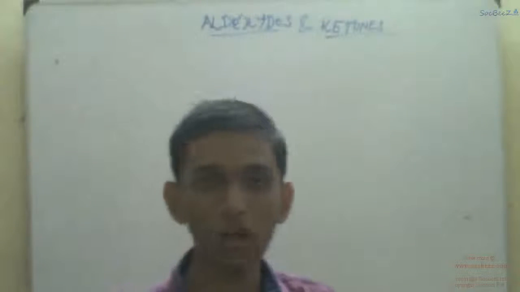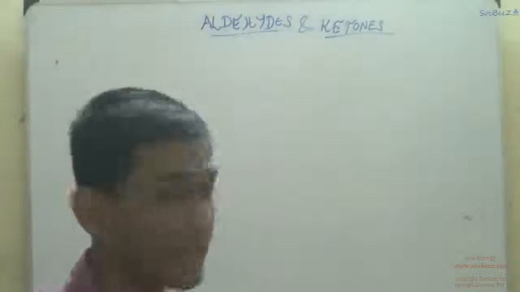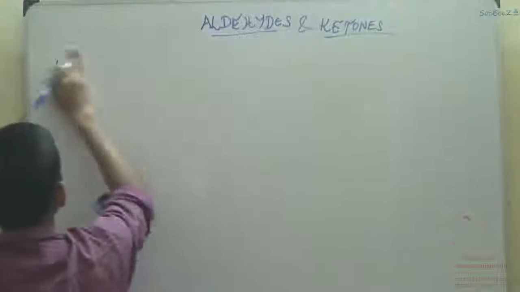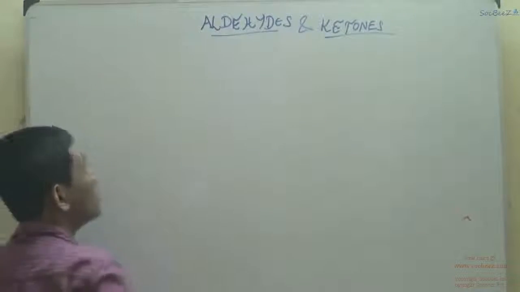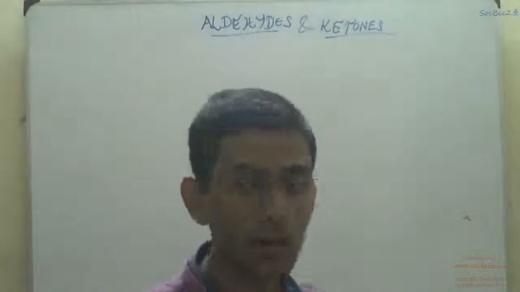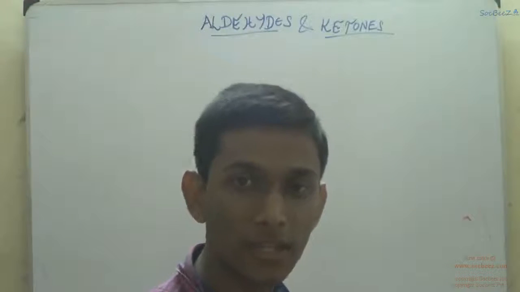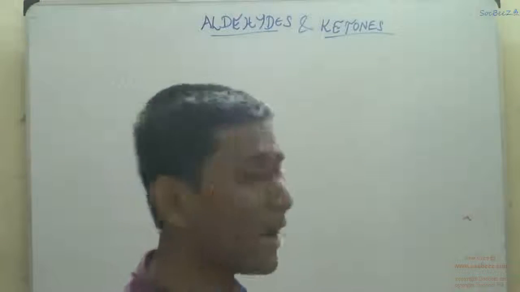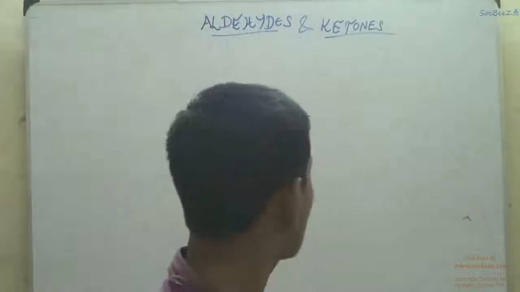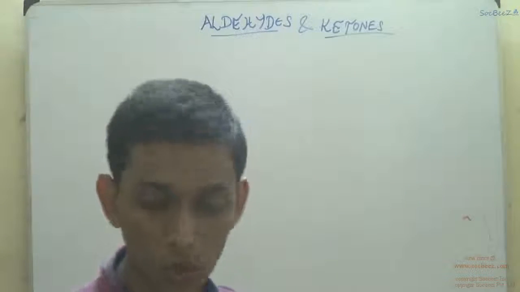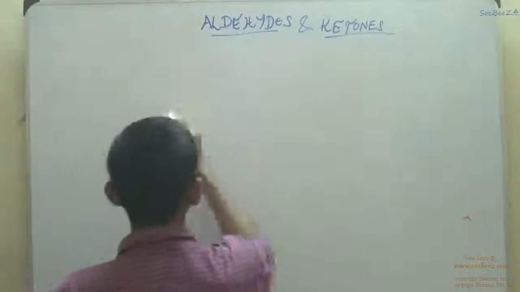Following is a class on carbonyl compounds, aldehydes and ketones. There are many carbonyl compounds, and the basic carbonyl compounds are aldehydes and ketones. Then you have carboxylic acids, acid chlorides and derivatives.